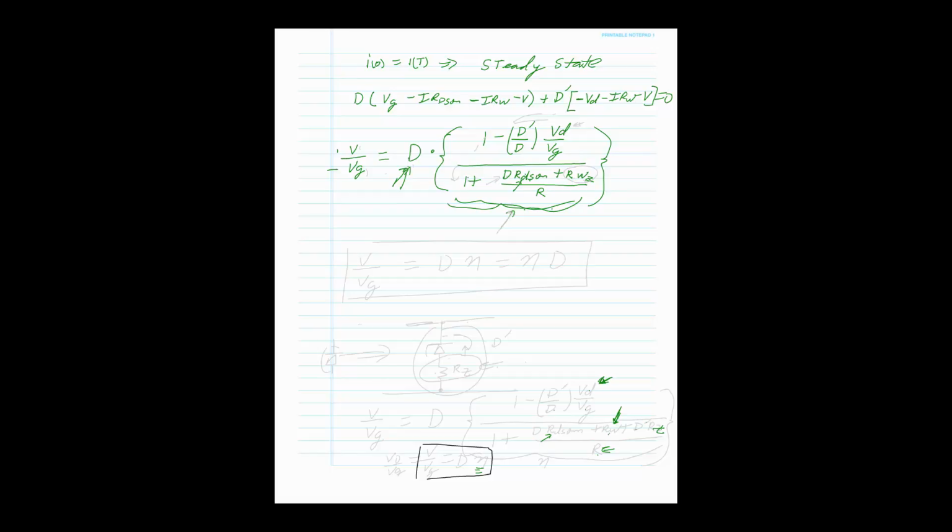In the top part, if the diode voltage was 0, an ideal diode, then this term here is 0. And you'd have 1 over 1, which is then output over input equal to D. So this term is our efficiency, and therefore output over V sub G, as I promised, is equal to D times efficiency, or efficiency times D, either way.